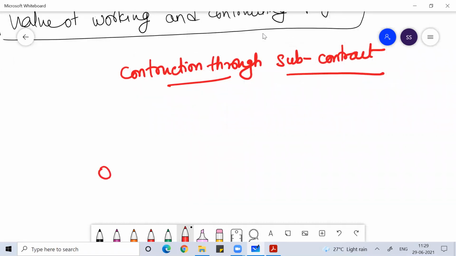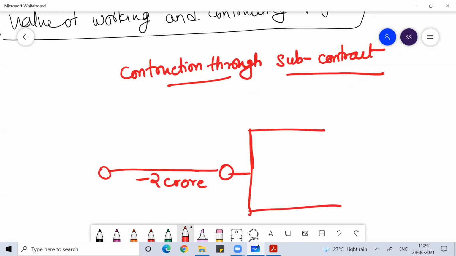Okay, so in that case I'll put 2 crore rupees. There's a 50% chance that I'll get the project, 50% chance that I'll not get the project. Maybe I'm a businessman, so I have a lot of money and can invest anywhere.